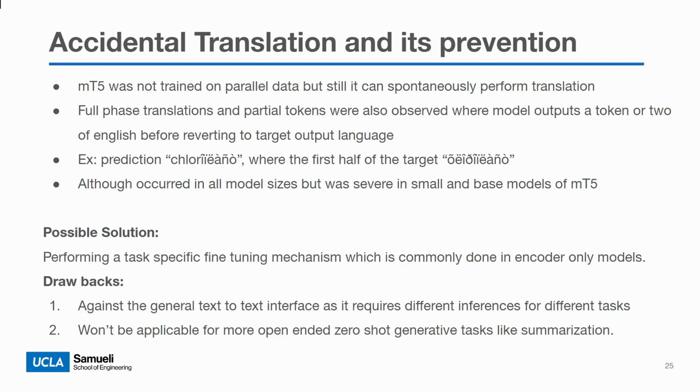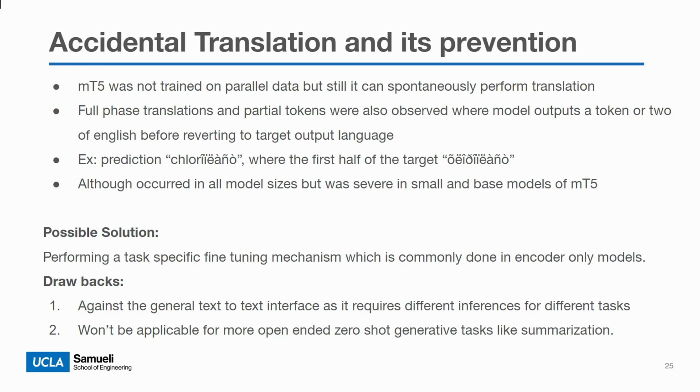The possible solution that the paper has given is that we can perform task-specific fine-tuning, which can decrease the probabilities of these errors. But there are some drawbacks to using this method. The first drawback is that it is against our goal of a general text-to-text interface.